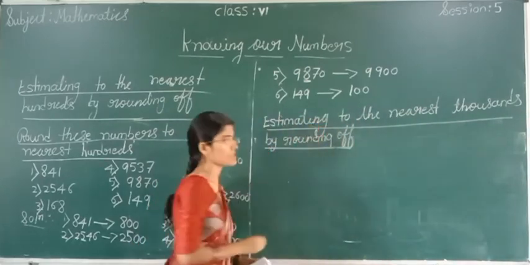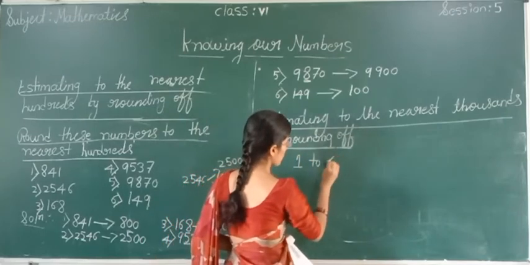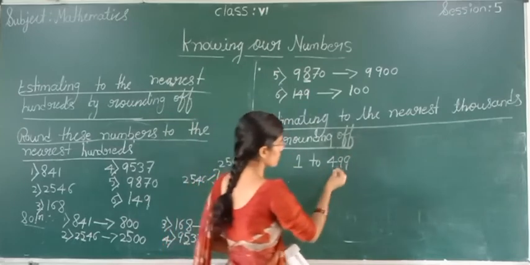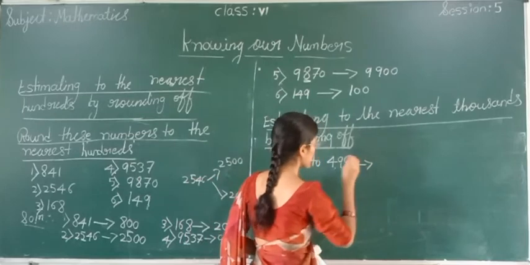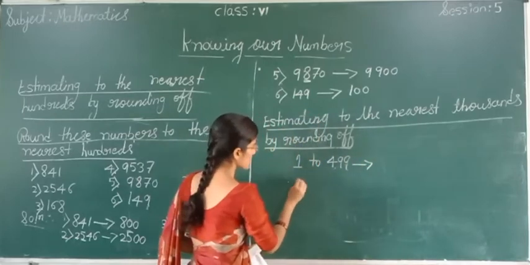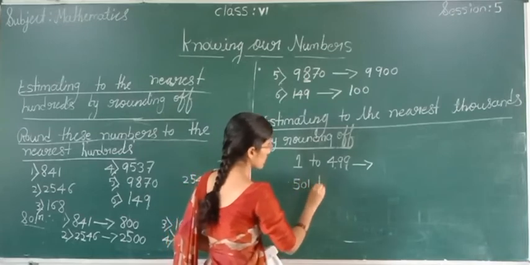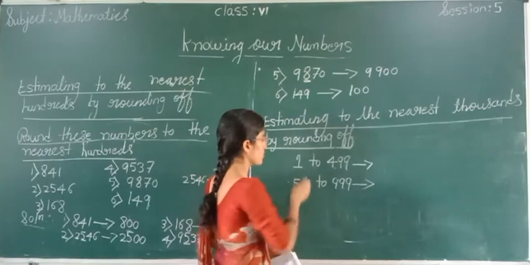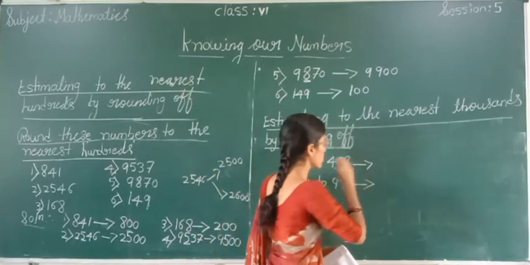Now see, students, I will ask you a question. 1 to 499 numbers are very near to what? Next, 501 to 999 are very close to what? 1 to 499 are very close to 0.